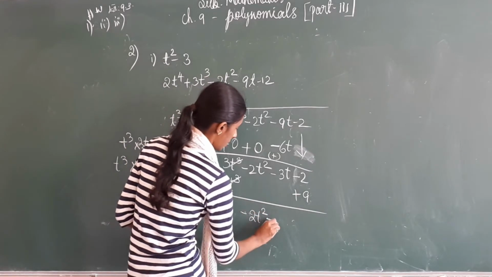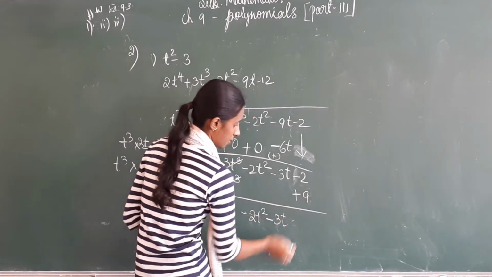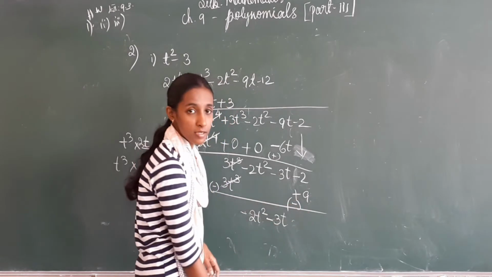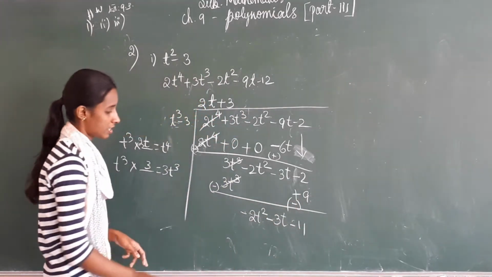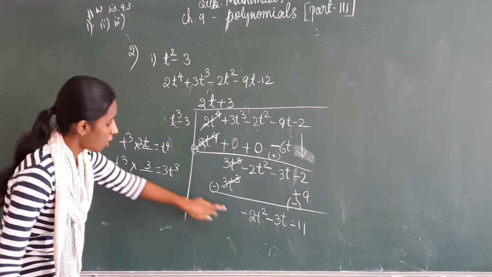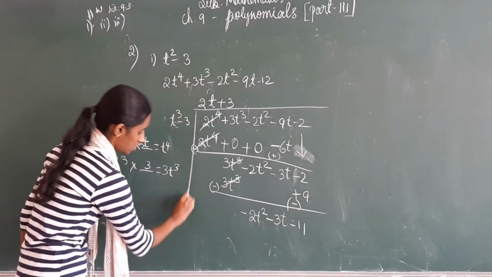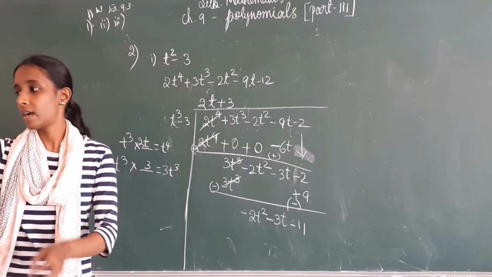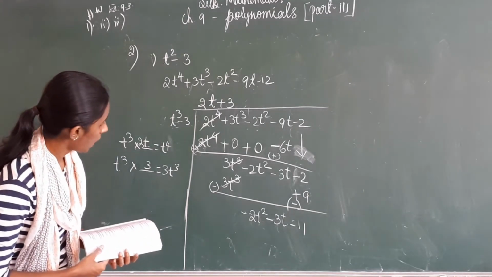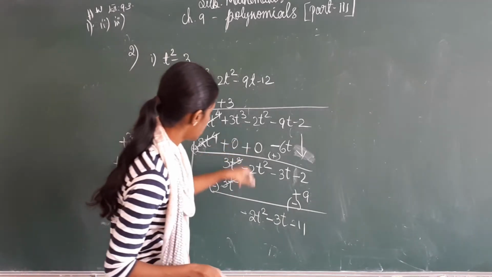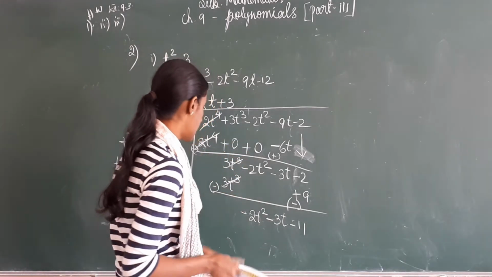Next, t cube into how much will give you t square? So it is minus 2t square minus 3t minus 11.